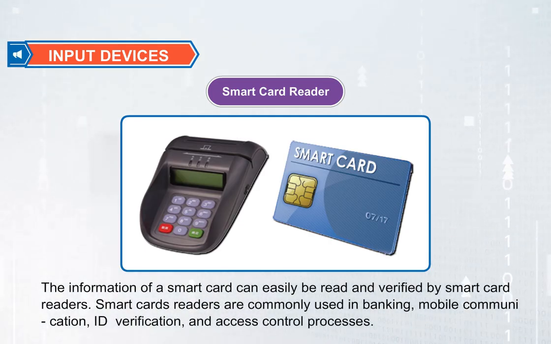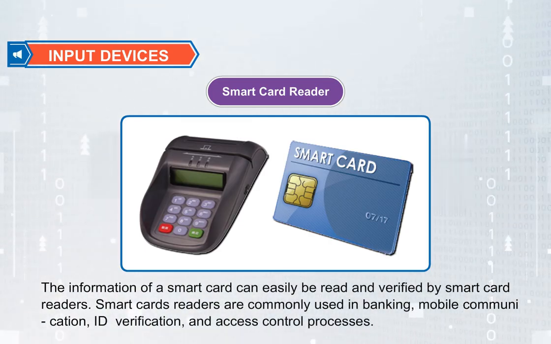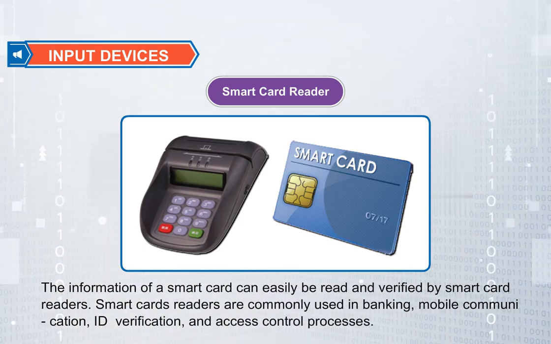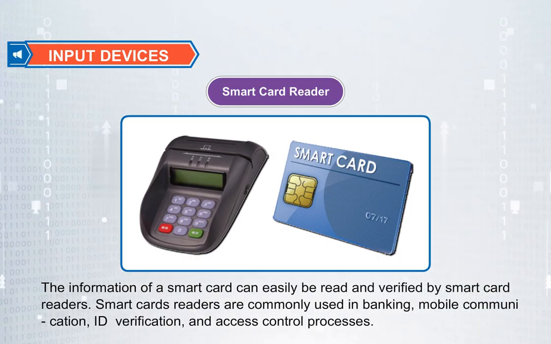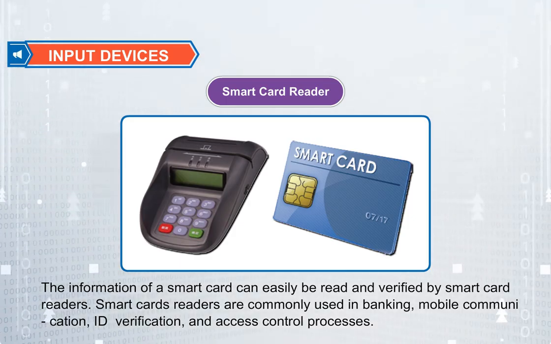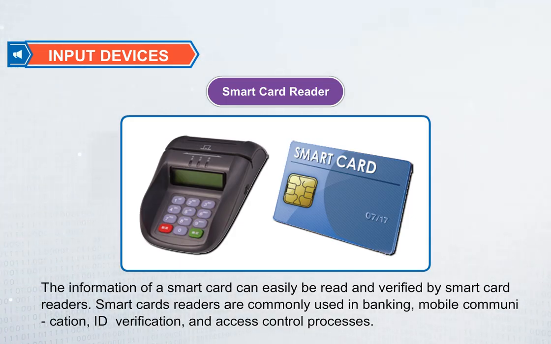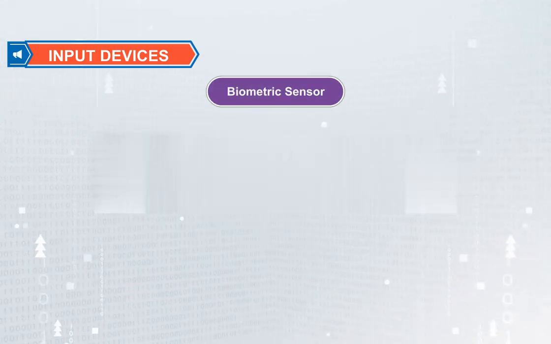The information of a smart card can easily be read and verified by smart card readers. Smart card readers are commonly used in banking, mobile communication, ID verification, and access control processes.